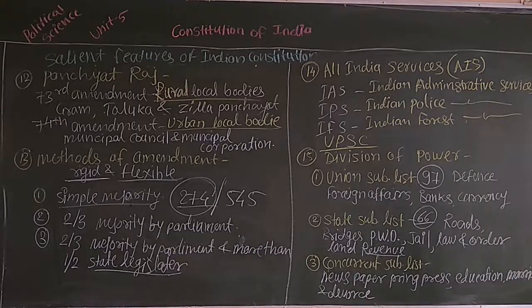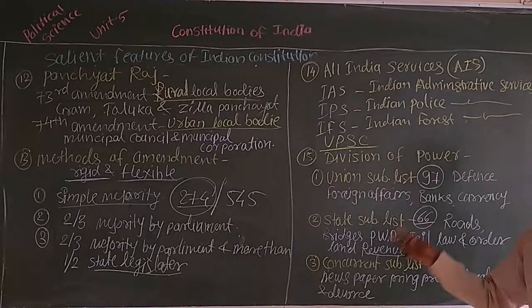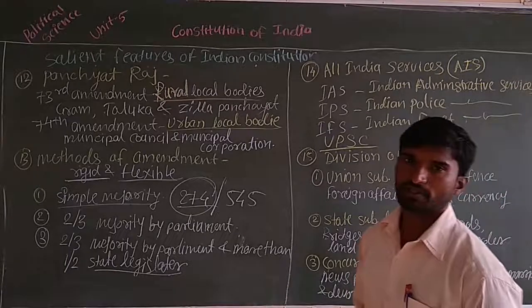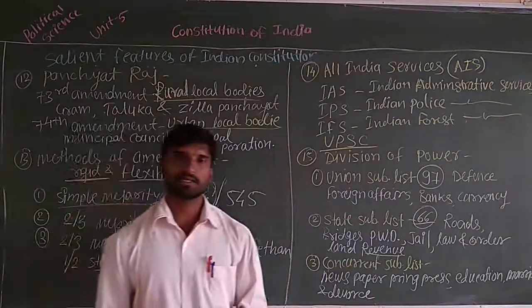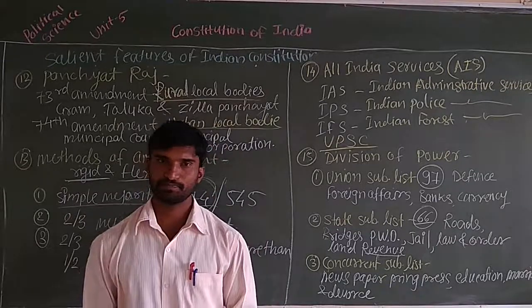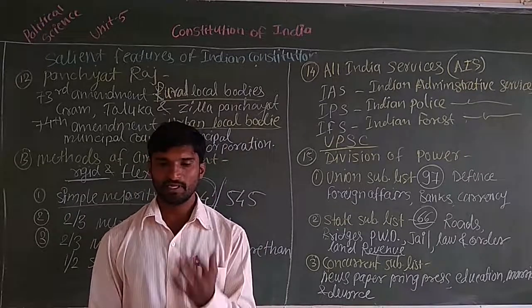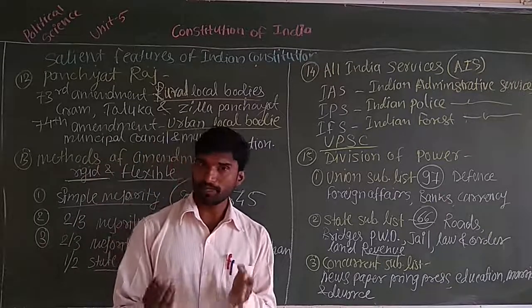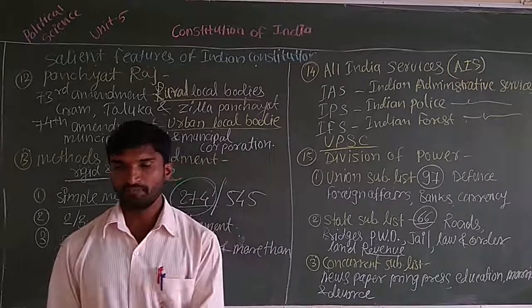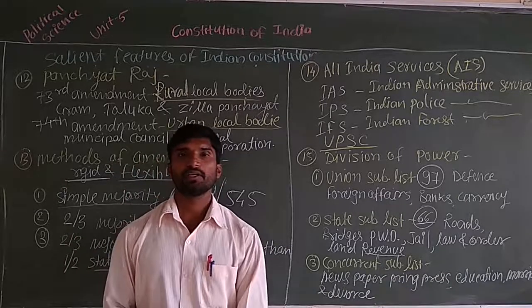So this concurrent list consists of the rights of both governments. So this is about the salient features of the Indian Constitution. The Indian Constitution is called the lengthiest written constitution, that is one feature. Next, preamble, fundamental rights, fundamental duties, federal structure with the unitary spirit.